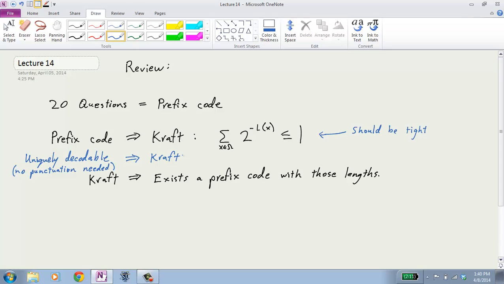Okay? And be just as efficient. So that's really the argument there. So following through this chain, uniquely decodable implies Kraft. Kraft implies the existence of a prefix code with those lengths. Okay.